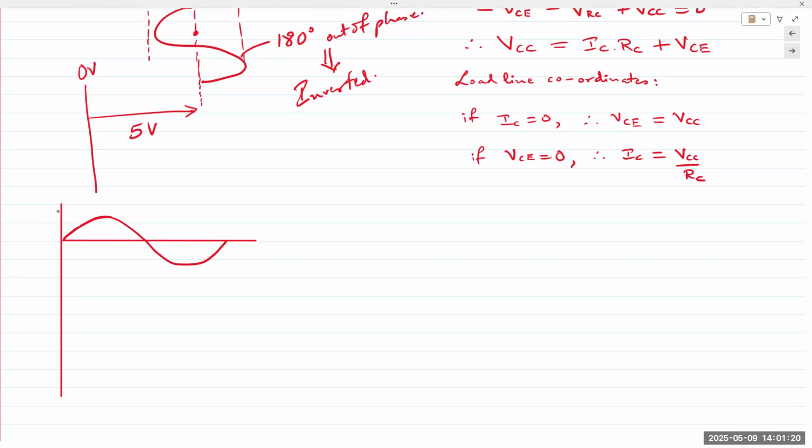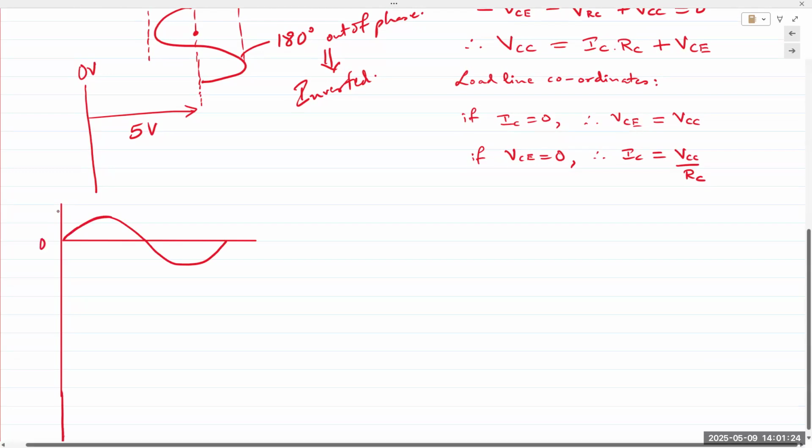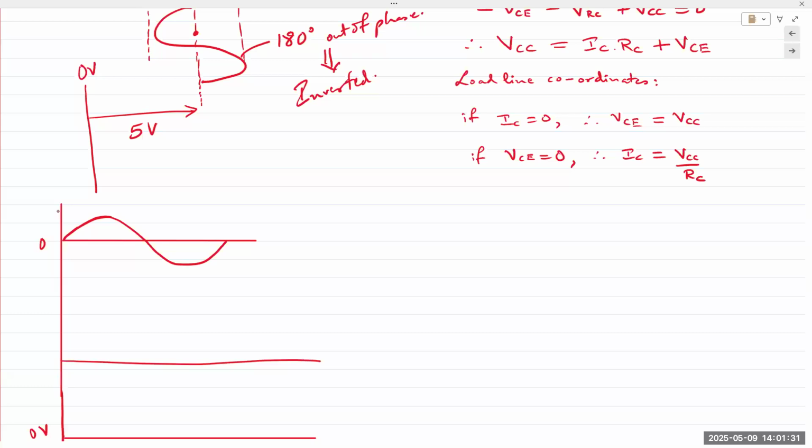It's the input. This is 0 volts, and this is 5 volts. The frequency would not change, of course. So this diagram is not scale accurate.